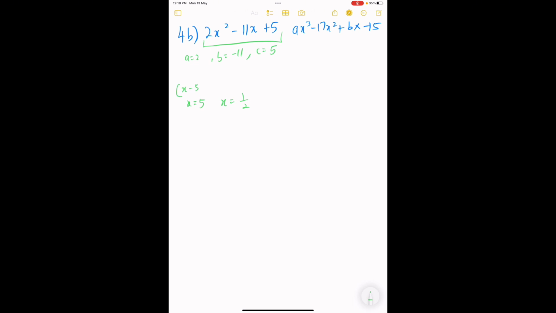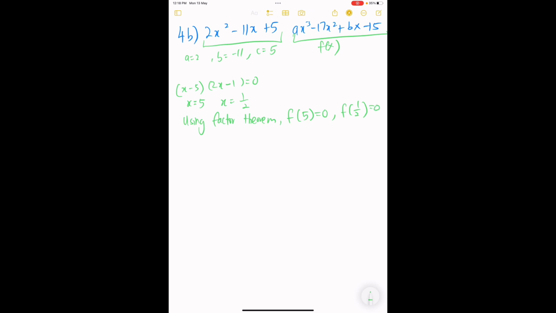So you reverse the steps, it will give you 2 factors, which is this. Okay, so these 2 factors, by using factor theorem, this is your f(x). So you will change the value of these two x inside the f(x), meaning that you have f(5) equals 0 and f(1/2) equals 0.